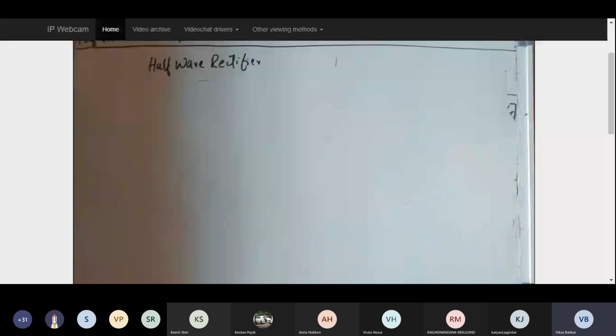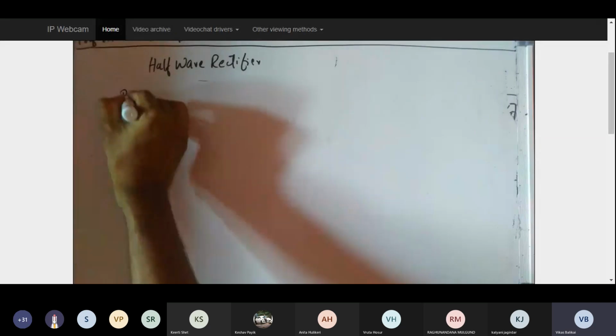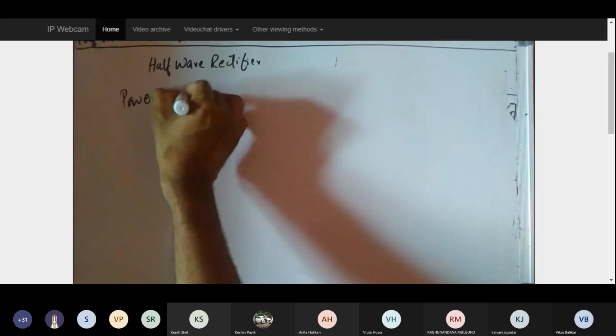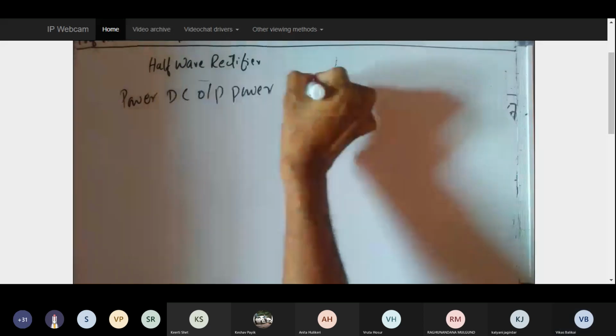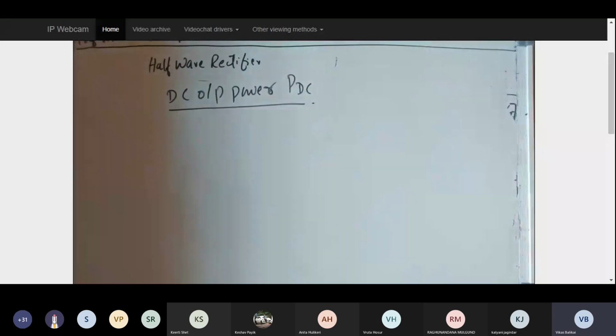So let me calculate power. Basically DC output power, PDC. Since the half wave rectifier is converting AC to DC, whatever DC I am getting is output, and hence I am calling it the DC output power, which is represented by the term PDC.